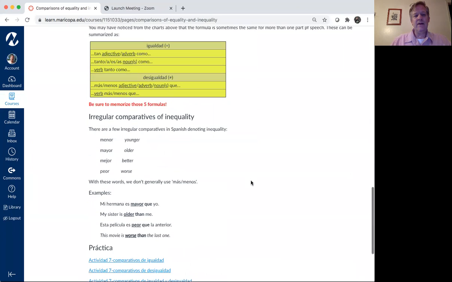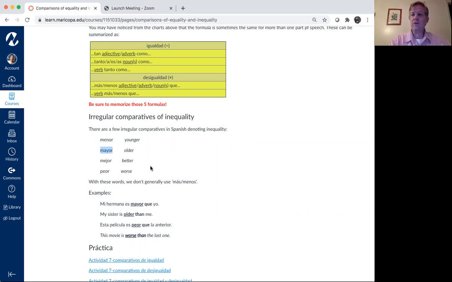Bien. Mayor is important because we also use it to refer to elders in the family or in the community. Por ejemplo, I could say, la abuela de mis hijos es mayor, is older. We usually don't say viejo, vieja with people out of respect.